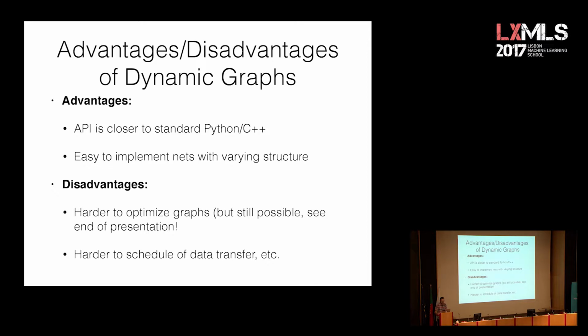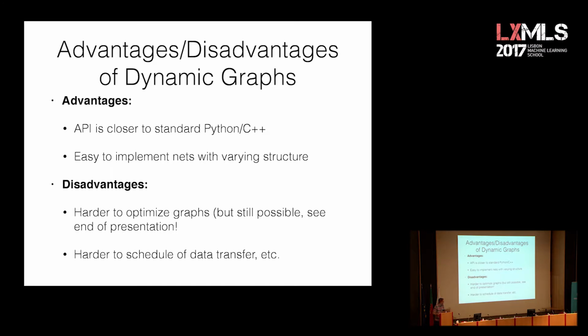One of the disadvantages is that the advantage of the static graph framework is you can go in and do optimization. This is more difficult in dynamic frameworks, but it's still possible. And I'll show you an example of something that we just introduced to DyNet at the end of the presentation, which allows you to code in a natural way and do this optimization at the same time.